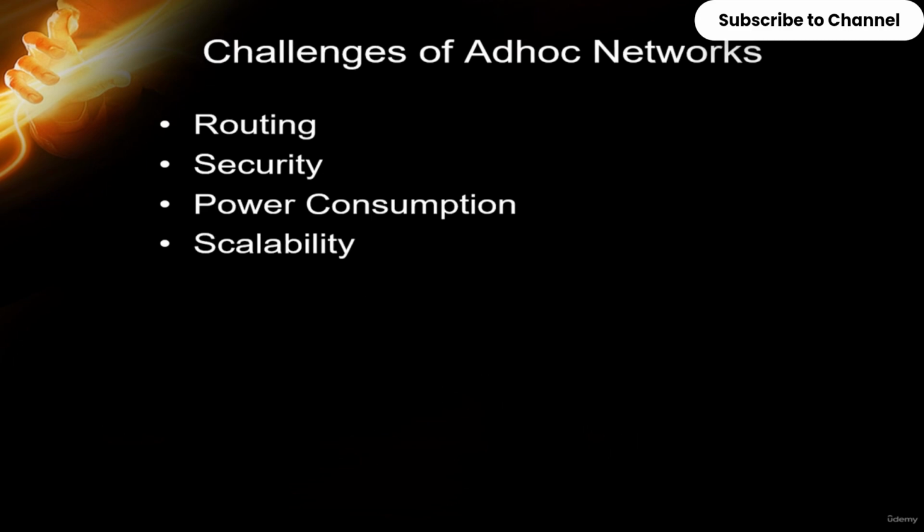Next, what are the challenges of ad hoc networks? There are various challenges, but here only four are listed. Routing is a big challenge in ad hoc networks. Why is it a challenge? In multi-hop networking, whenever a node wants to communicate with a node which is outside the range, the routing will be tedious.